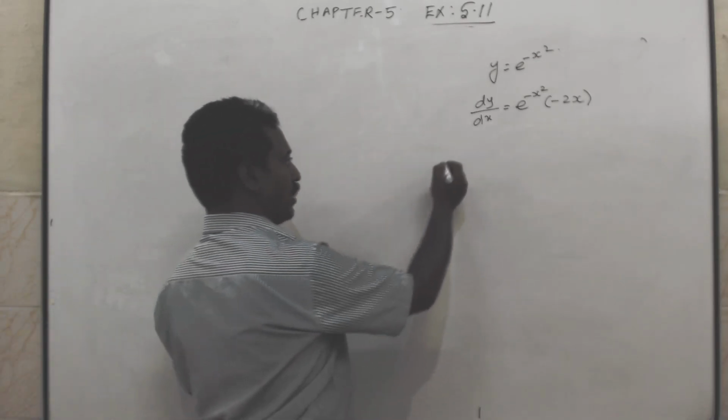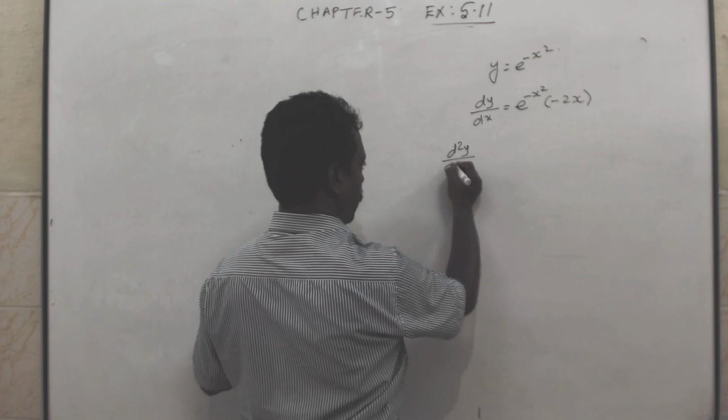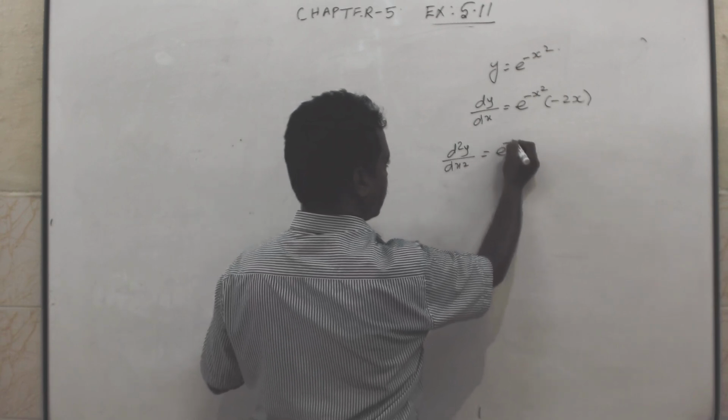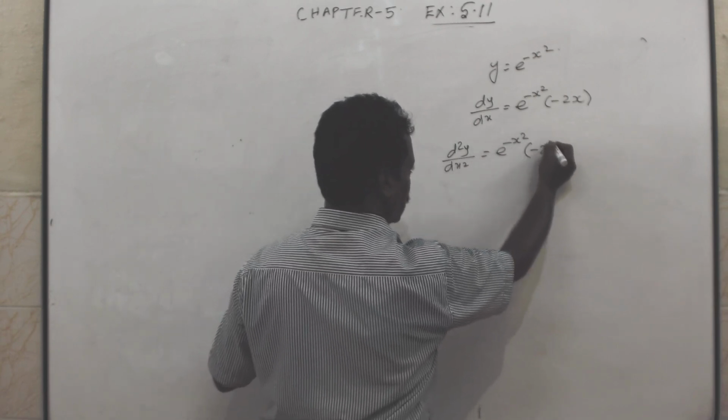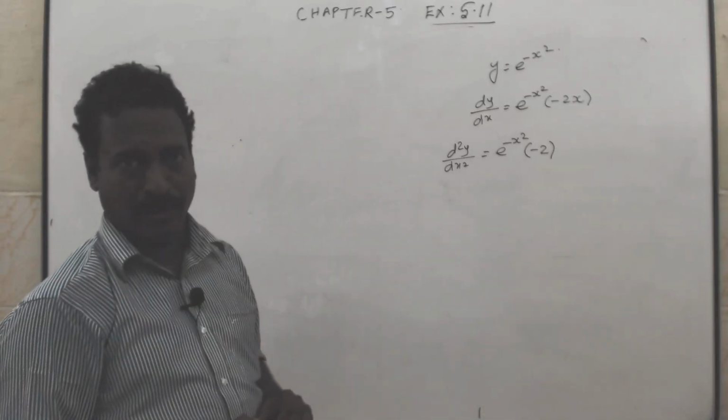Next step, d square y by dx square. e power minus x square, differentiation of minus 2x is minus 2.